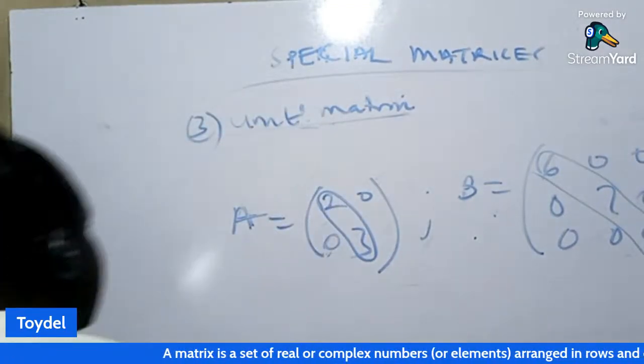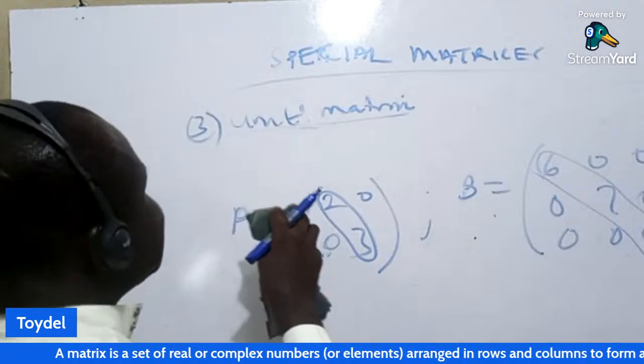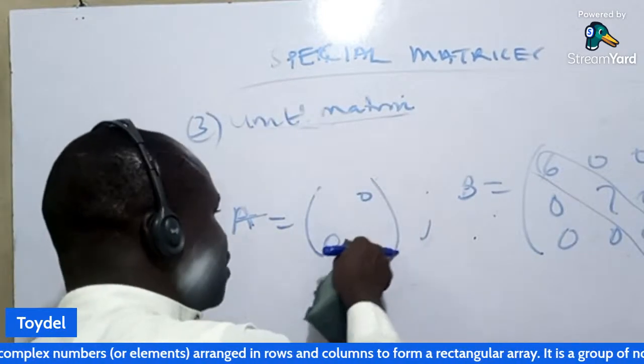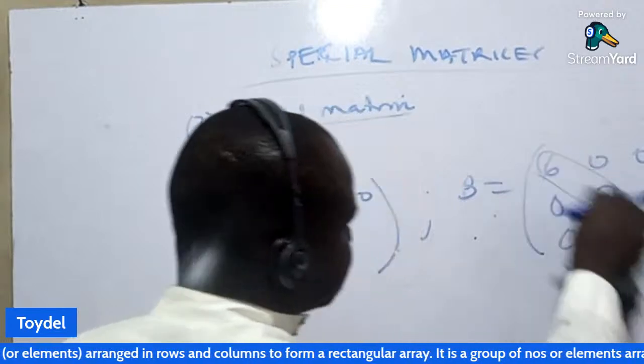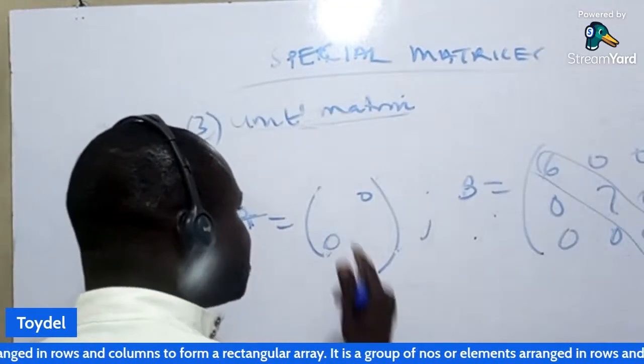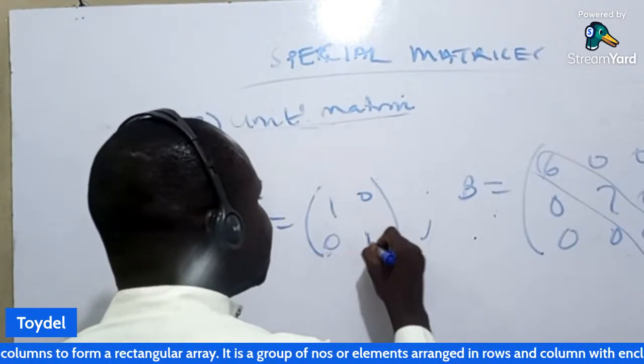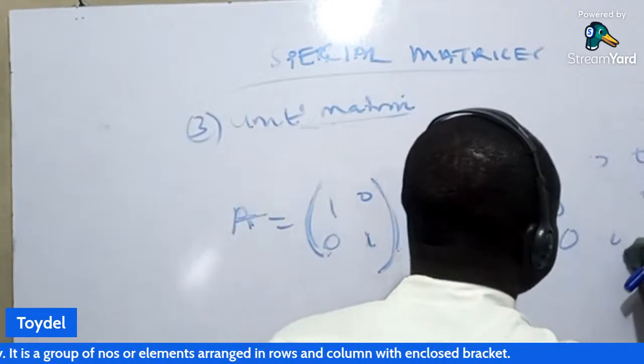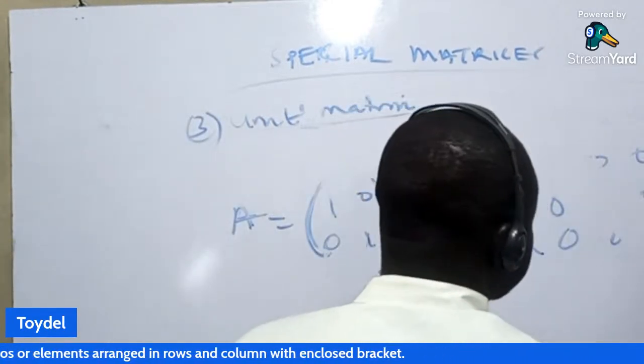So a unit matrix is also a diagonal matrix. But the only difference is that in a diagonal matrix, you can have any other value, any other digits. But in a unit matrix, it's 1, 1 that we have there. Along the leading diagonal, we have 1, 1, 1. So that's just the difference between a diagonal matrix and a unit matrix.